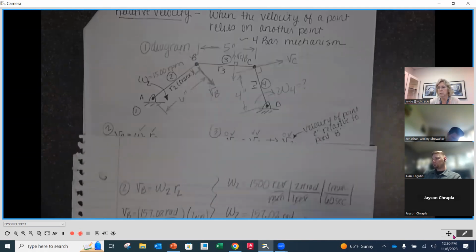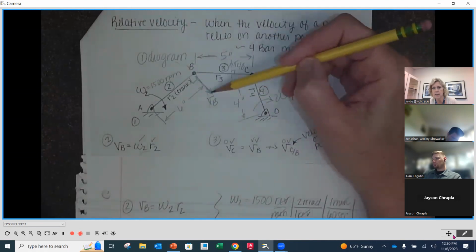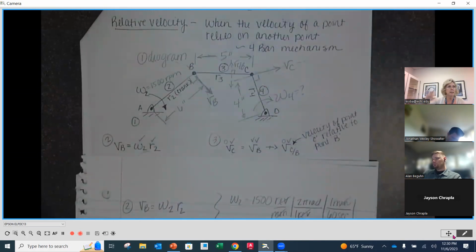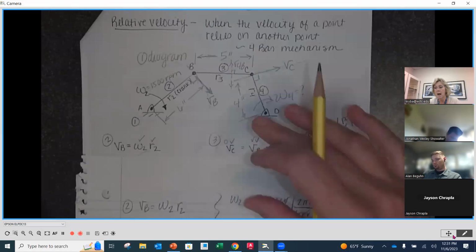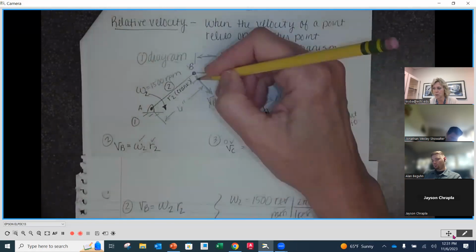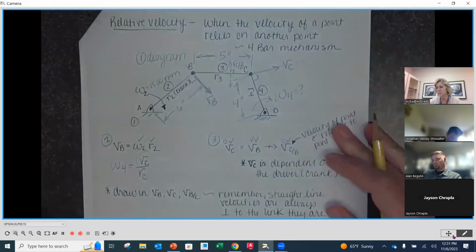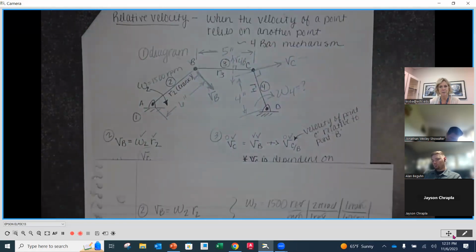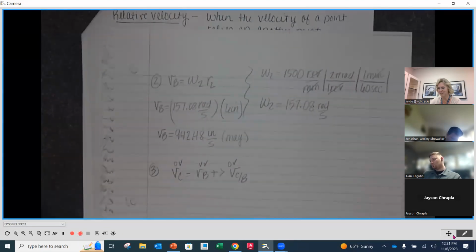And what we're gonna do is we're gonna take this velocity of B in the direction that it is, perpendicular to the link. So if I had this drawn in CAD and I wanted to find out what that angle was, I would simply draw a line perpendicular to it. And that's the line of action of the velocity of B, okay? You can imagine doing that. So I'm just gonna draw it right now. It's gonna go down and to the right, and it needs to be 942 inches per second long.